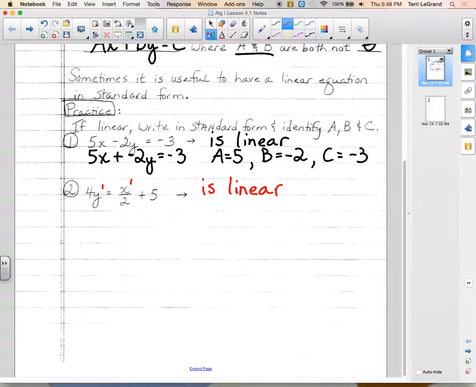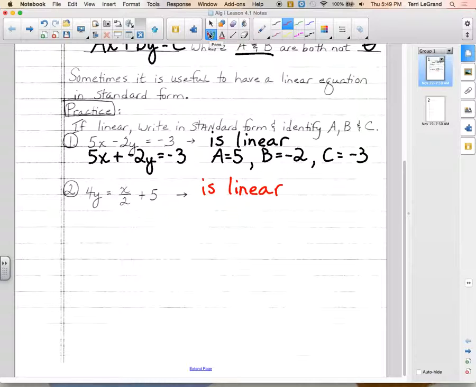Okay, is this one, though, in standard form? In other words, are the x's and the y's together on the same side? And they're not. So one thing that we like to typically do is we want the a value to be an integer value that is actually a positive number.